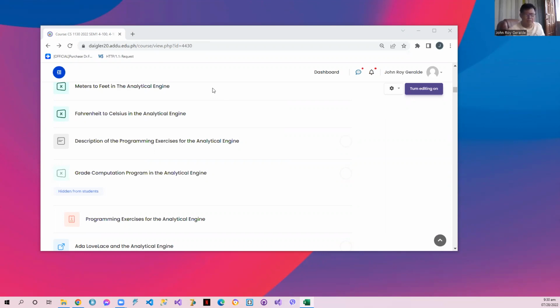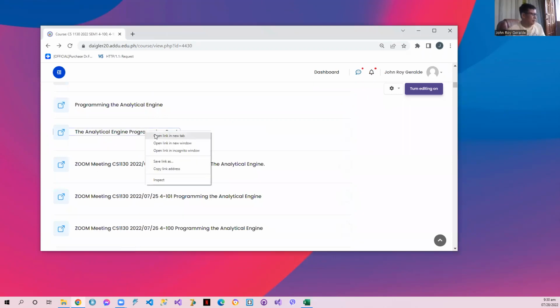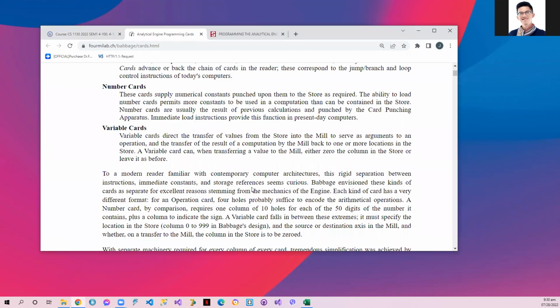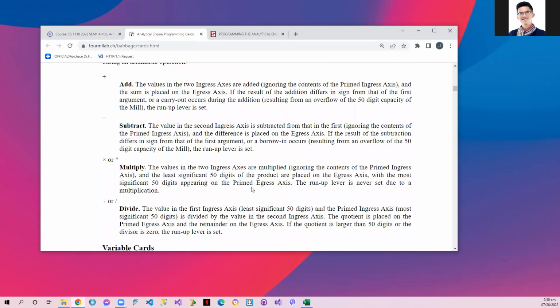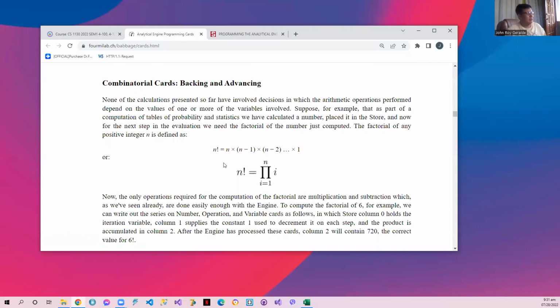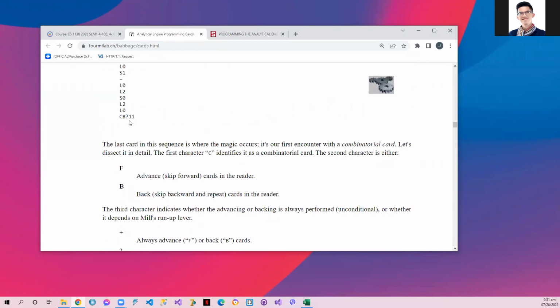In the reference you sent, the analytical engine programming cards, the combinatorial card section at the bottom, backing and advancing. There is an example further below. This one, the CB11.